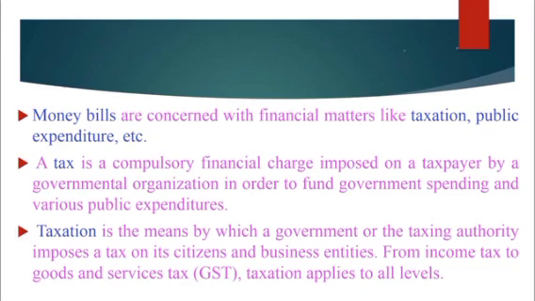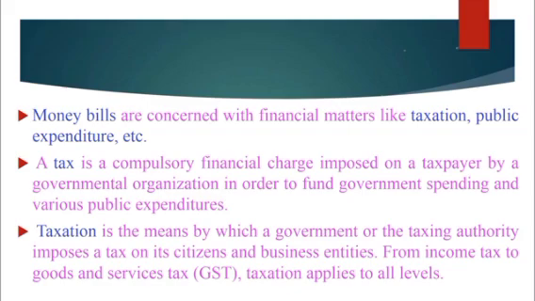So what is meant by taxation? For that, you have to know what is meant by tax. A tax is a compulsory financial charge imposed on a taxpayer by a governmental organization in order to fund government spending and various public expenditures. So now let's see what is meant by taxation.